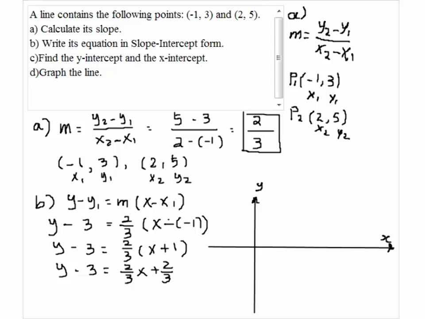Since the problem is asking us to put the answer in slope-intercept form, by solving for y, we get y equals 2/3 x plus 2/3 plus 3, which is 11/3.